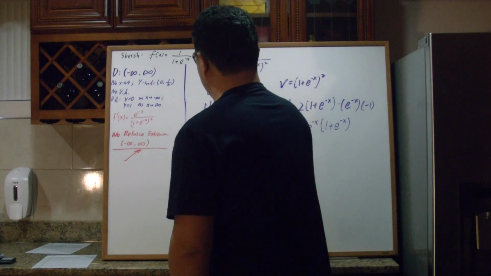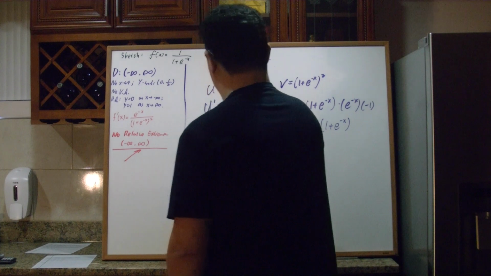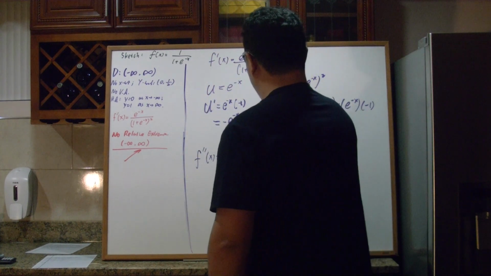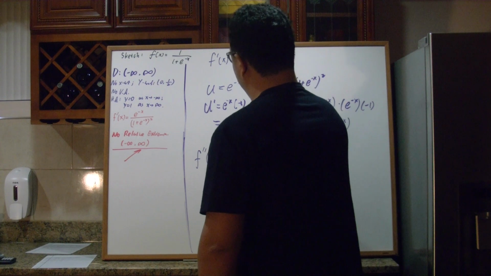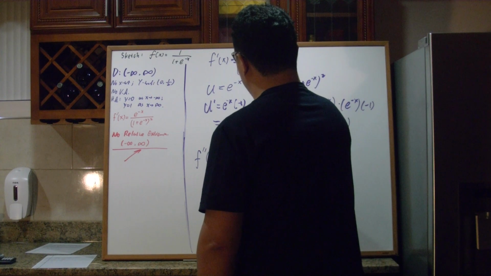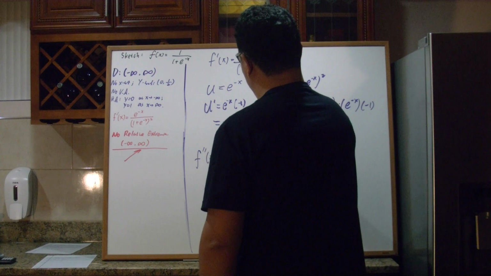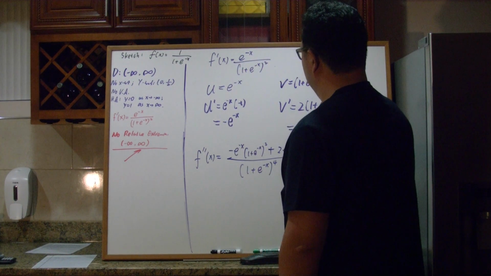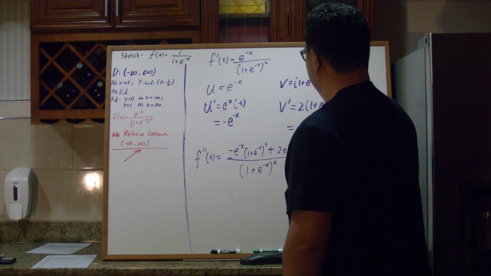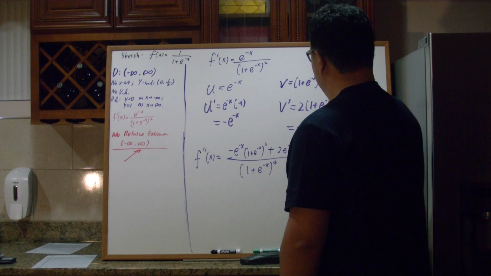Then f double prime of x is over 1 plus e to the negative x to the fourth power, u prime times v minus v prime times u.